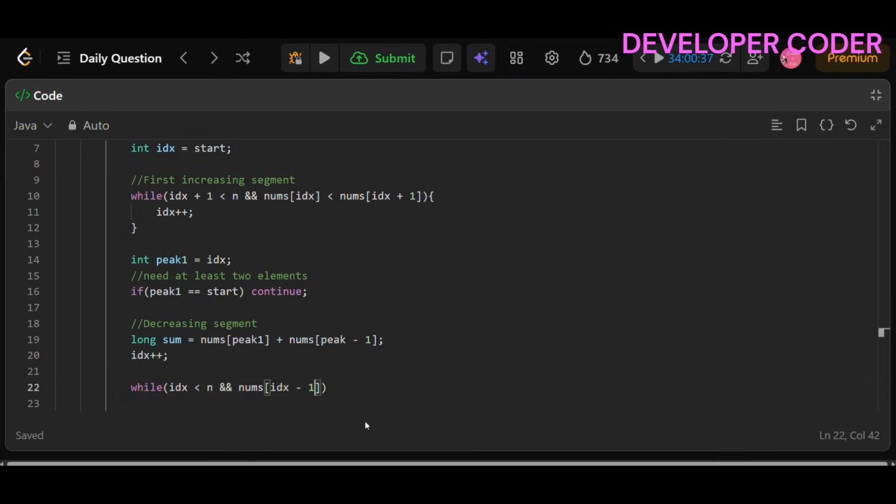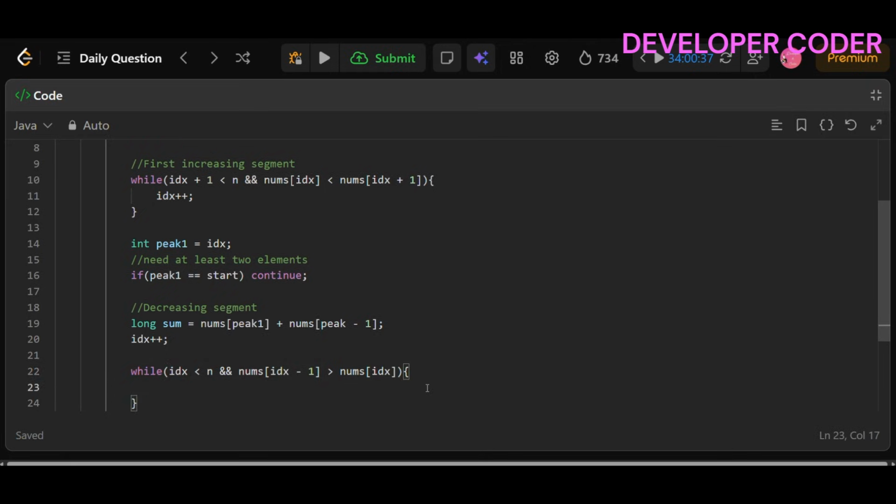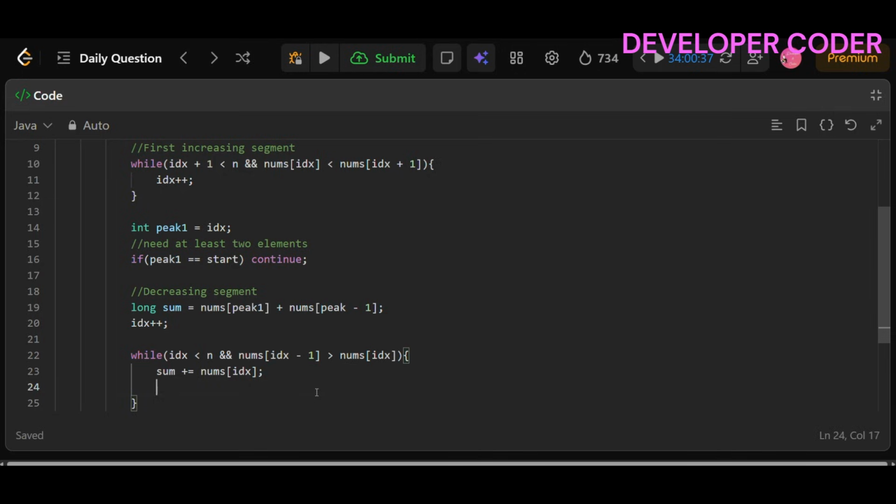So here I will say if nums of idx minus 1 is greater than nums of idx, then in this case, for the decreasing slope I have to add all the members. So in the sum I will just add the value of nums of idx. So this is fixed, and idx plus plus I'm doing here. This is done, okay?